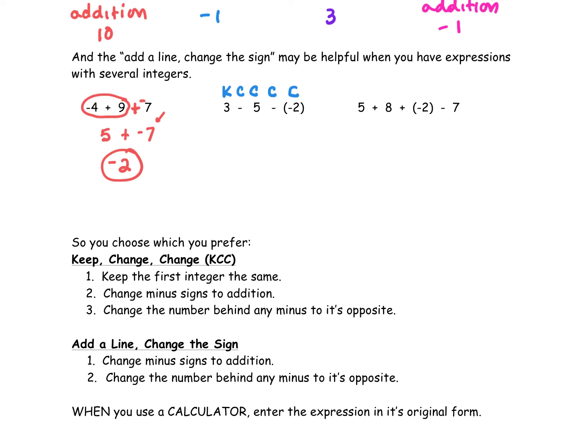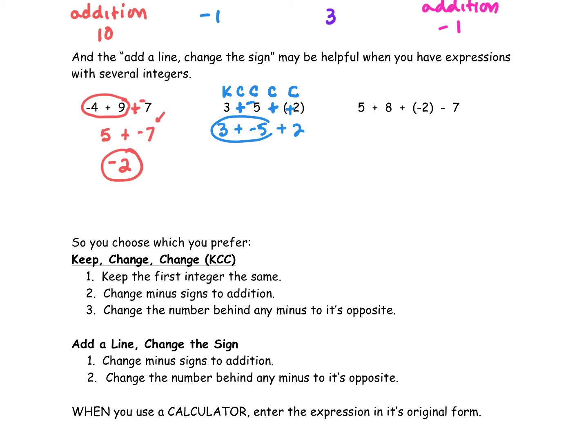So instead of doing that, I would just employ add a line, change the sign. So I look for minuses, I change them to a plus, I change the number behind it. I look for minuses, I add a line to that, and I change the number behind it. So this could now be rewritten as 3 plus negative 5 plus positive 2.